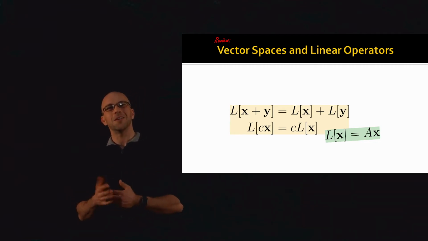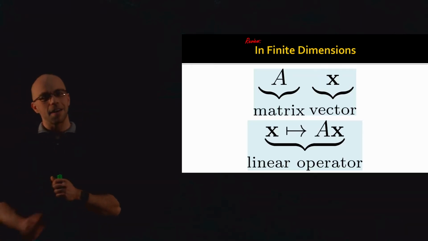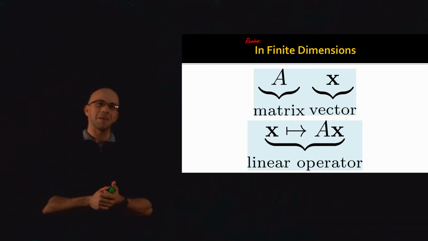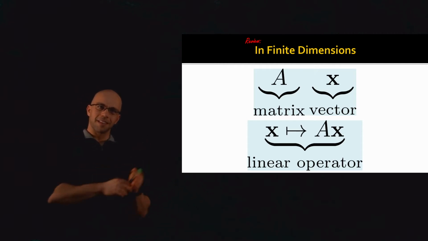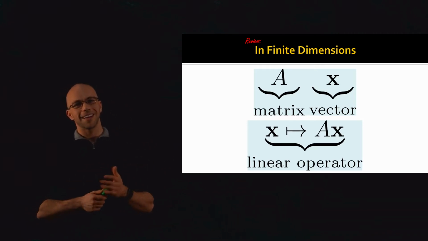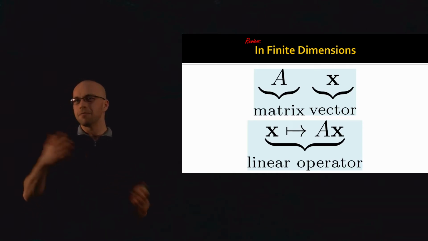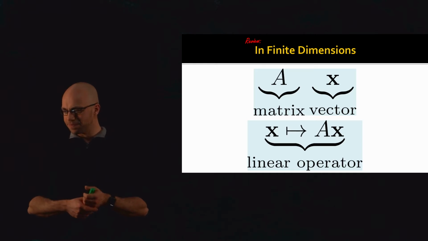So I'm going to try and avoid that as much as possible to get started. In particular, I think our college linear algebra class mostly lives upstairs, right? Like talking about matrices and vectors. Instead, we're going to think about this sort of dual object, this linear operator, which is a function that kind of takes x to A times x in the finite dimensional case, but in the infinite dimensional case, just satisfies those two assumptions on the previous slide.